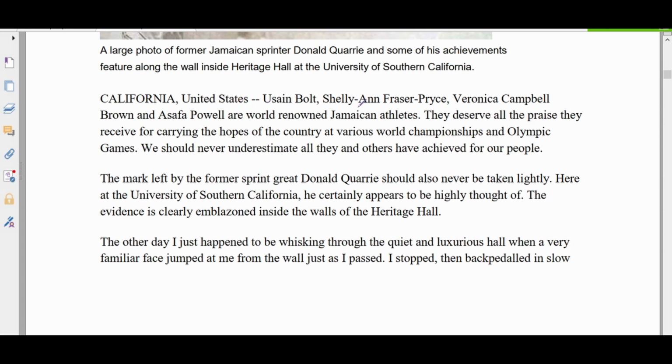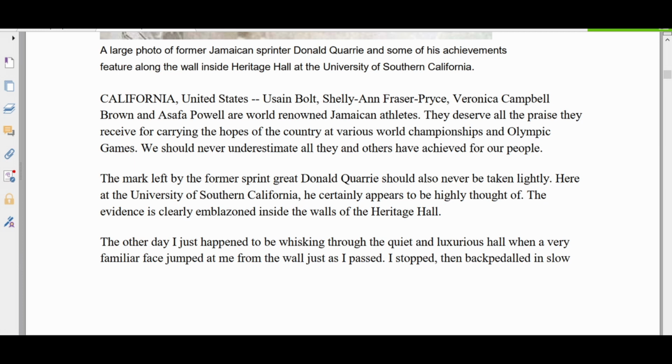Usain Bolt, Shelly-Ann Fraser-Pryce, Veronica Campbell-Brown, and Asafa Powell are world-renowned Jamaican athletes. They deserve all the praise they receive for carrying the hopes of the country at various world championships and Olympic Games. We should never underestimate all they and others have achieved for our people.